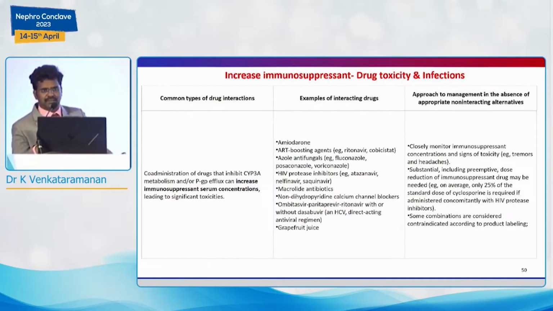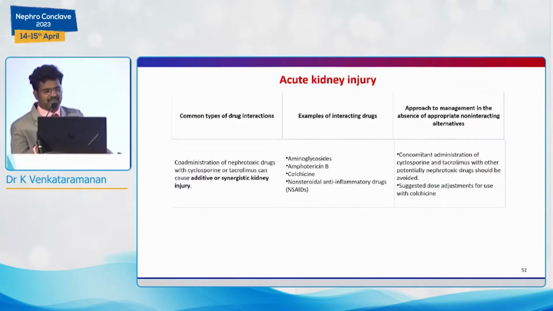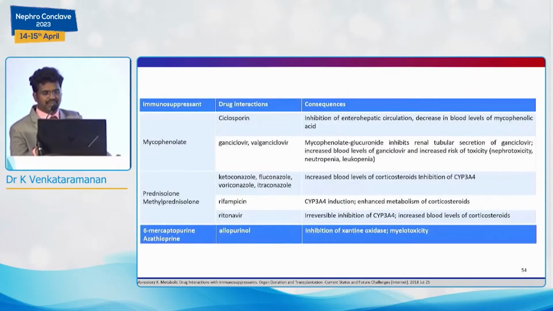When it is an enzyme inducer, you should be very careful, especially with seizure medications like phenobarbital, carbamazepine, and phenytoin. For acute kidney injury, be careful whenever giving aminoglycoside, amphotericin B, cyclosporine, or NSAIDs. Severe hyperkalemia: both TAC and CNI lead to hyperkalemia, as do ARBs, spironolactone, and MMF. And very important, whenever giving allopurinol with azathioprine, you should be very careful.